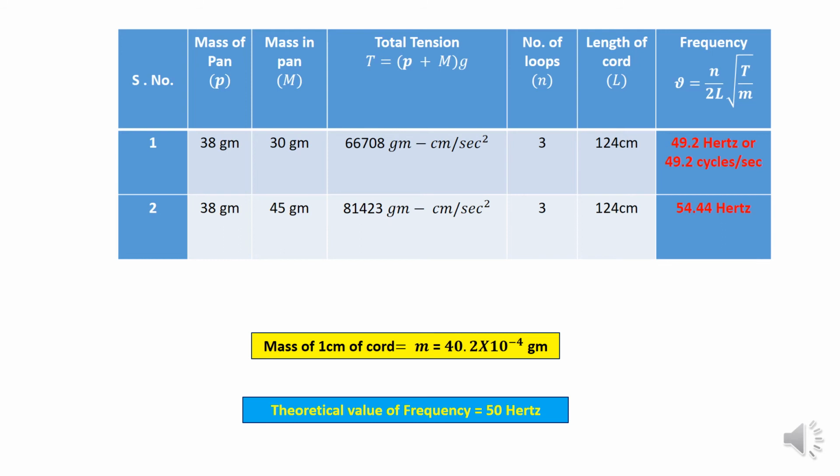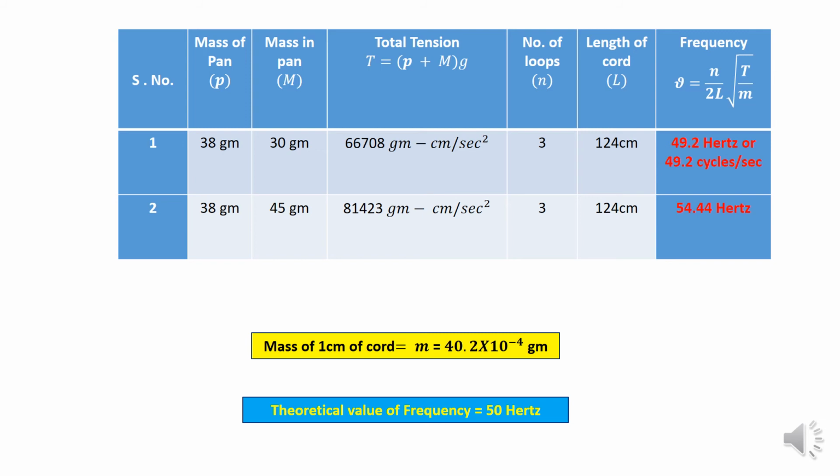If you calculate from this formula, nu equals N by 2L, square root of T by m, then the answer will be 54.44 hertz. That is near to 50 hertz also. In this way, two more readings you can take. This 38 will be constant, because the mass of the pan is constant. The mass in the pan you can vary, like 50 or 60, whatever, so that the thread is not broken.